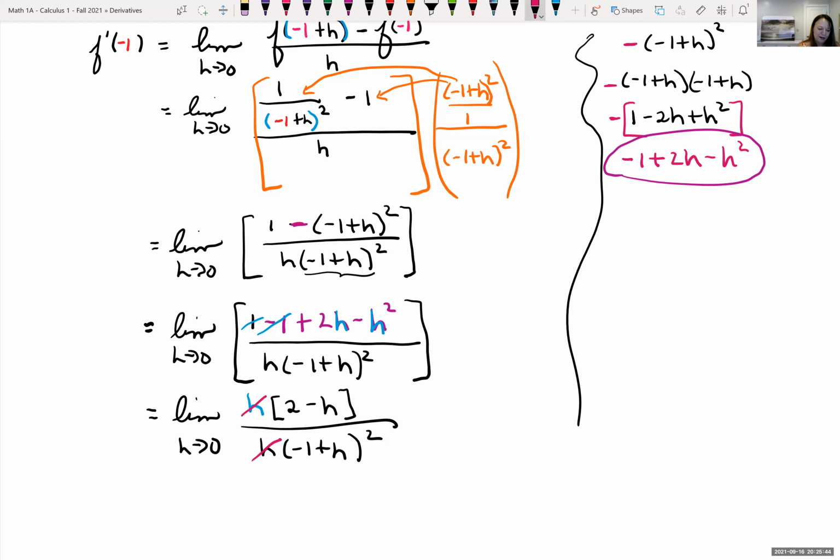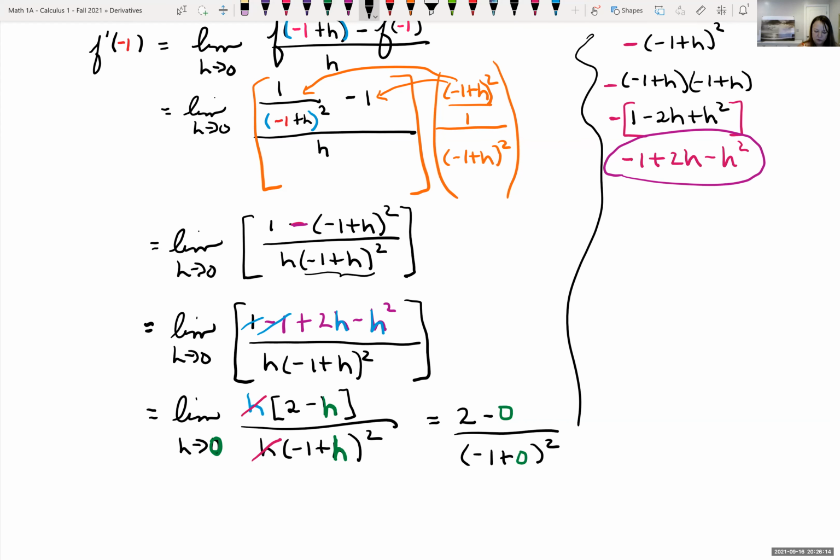Now we're good. If we do our direct substitution and plug in 0 wherever we see an h, we're not going to get that indeterminate form anymore. So we have 2 minus, I see an h there, replace it with 0, all over -1 plus 0 quantity squared.